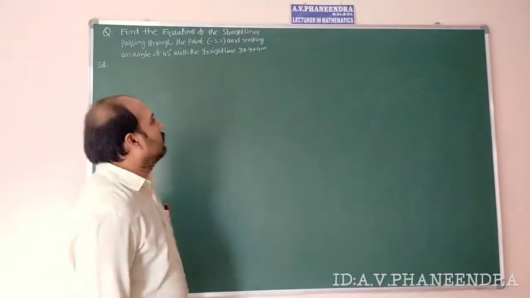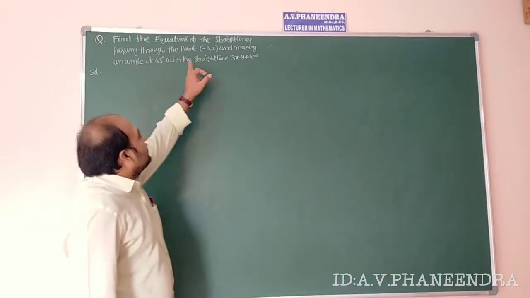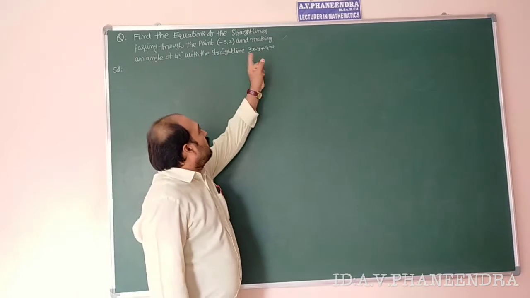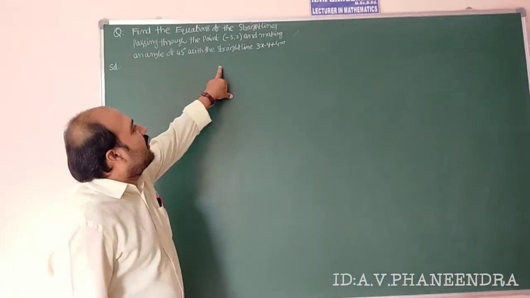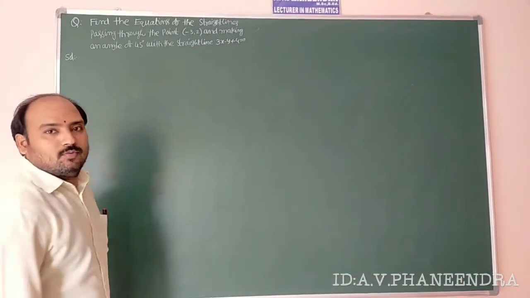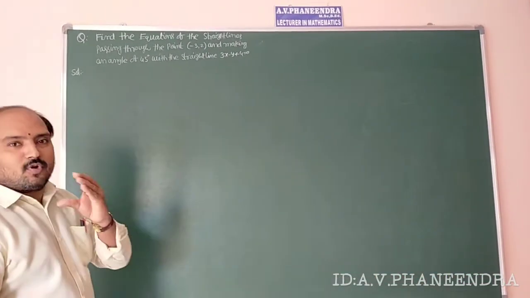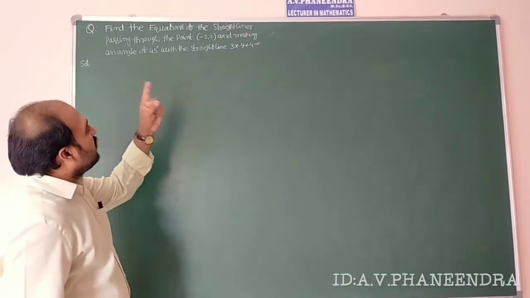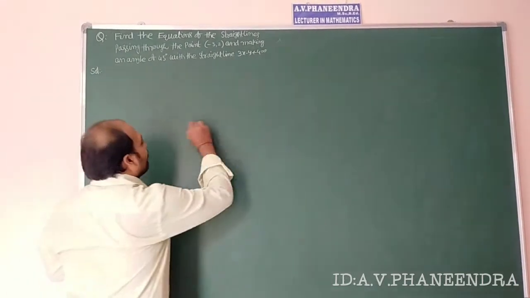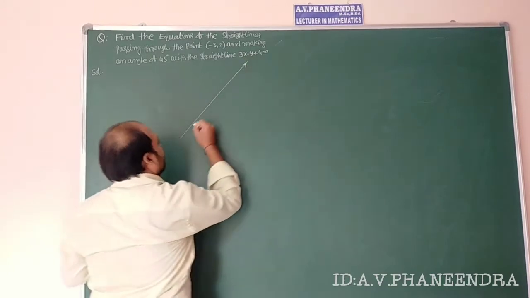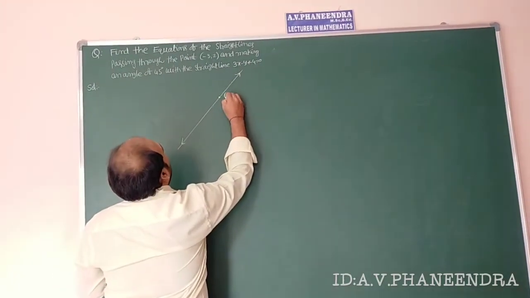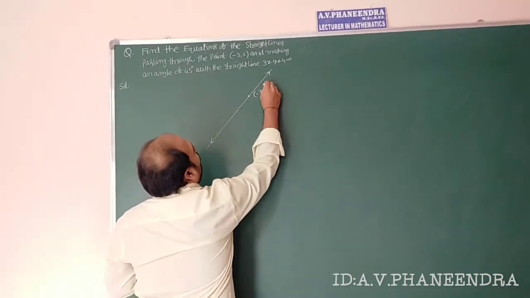Next question. Find the equations of the straight lines passing through the point (-3, 2) and making an angle of 45 degrees with the straight line 3x - y + 4 = 0. According to the problem, draw the rough diagram. This is the straight line passing through which point? (-3, 2).